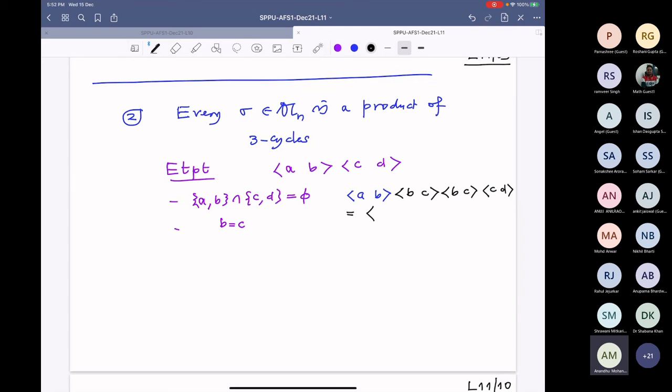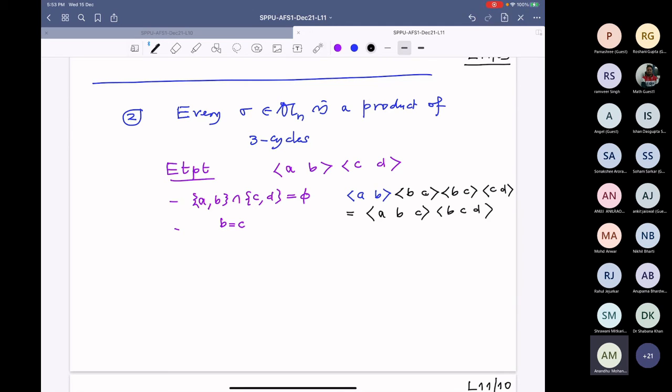So I say this product is the same as ABC and BCD. Let us check that. Start with B. B is fixed, so forget it. B goes to C, C goes to B, and B goes to A.